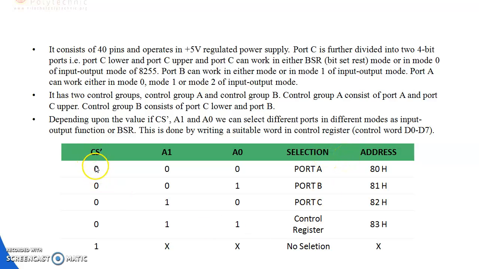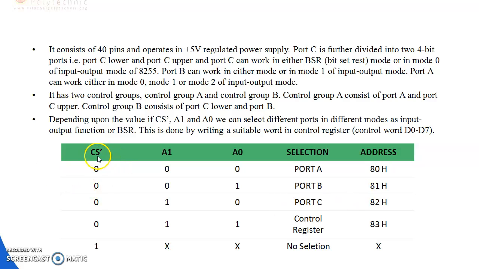If CS bar is 0, where CS stands for chip select bar, and A1 is 0 and A0 is 0, then the port selection is port A, and the address is 80H. 80H is the address of port A. Similarly, when CS bar is 0, A1 is 0 and A0 is 1, then the port selection is port B, and the address of port B is 81H.